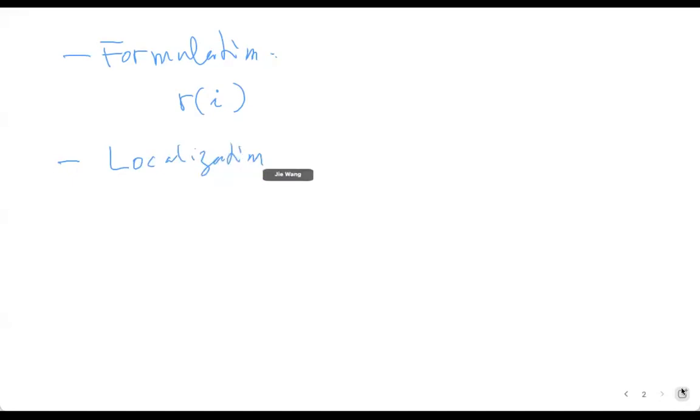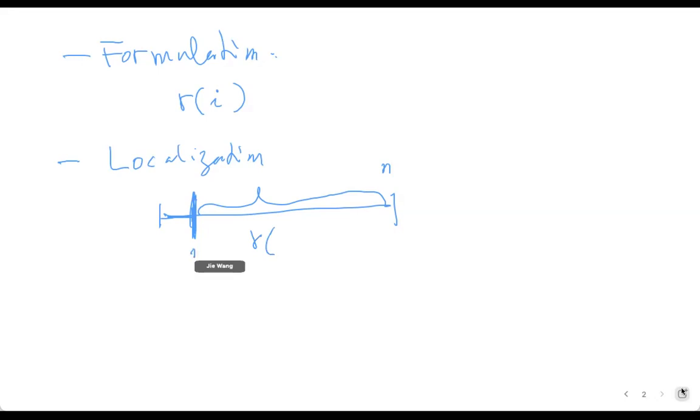Then you are going to do the localization. That means how the current problem depends on subproblems. Say this is n. If I select this cut here, then the subproblem would be the remaining one, so that is n minus 1. If you cut here, the subproblem will be n minus 2.